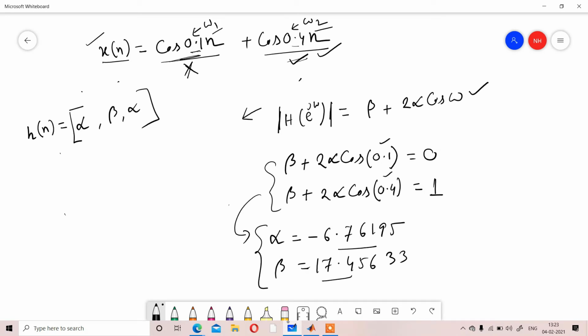If we do that, then the filtered response you will get is cos 0.4n.